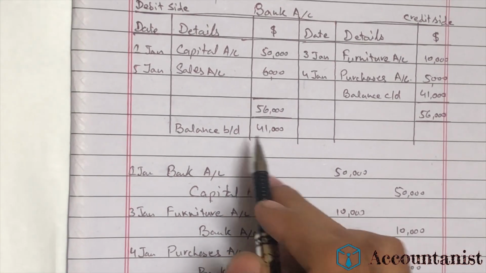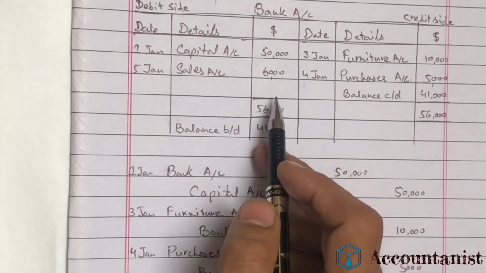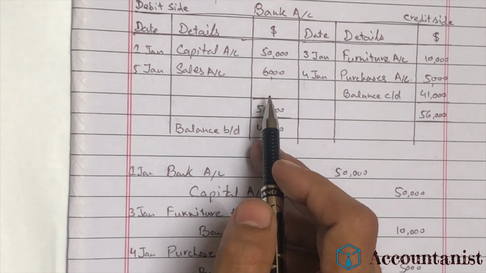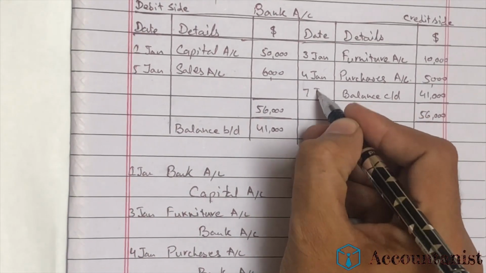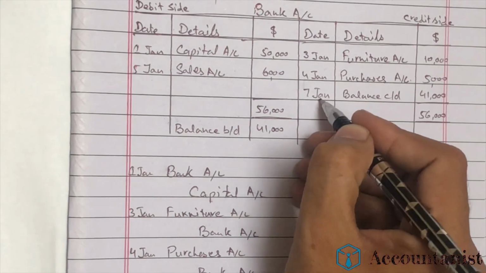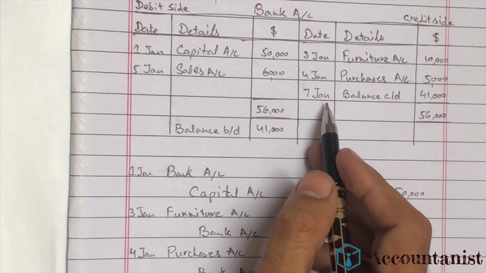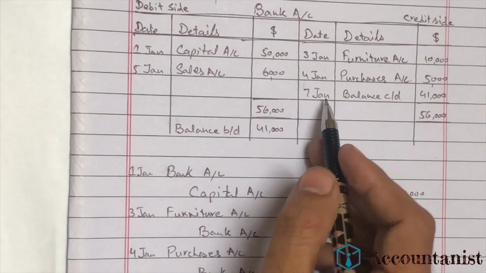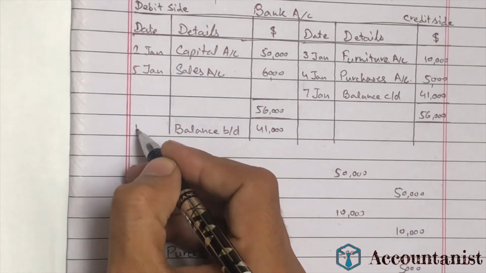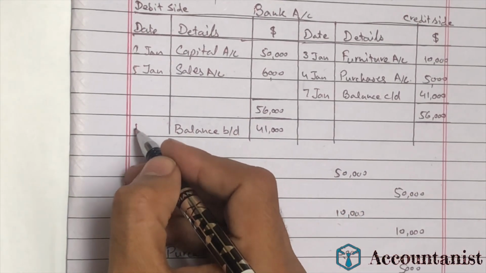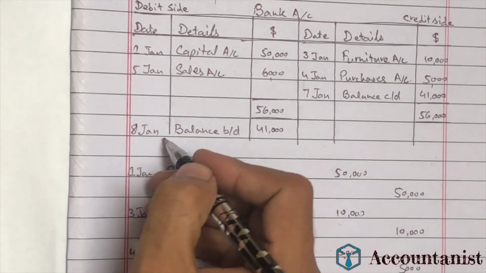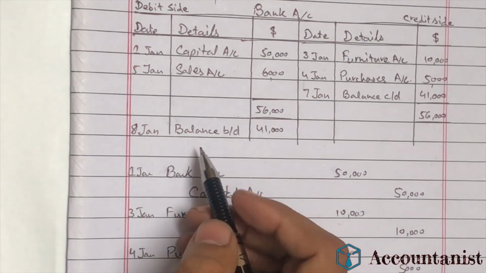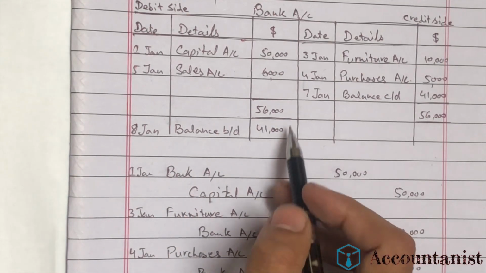Let's suppose we are going to close this account after a week, so the week ends on 7th of January. So the closing date of the week will come up here, and the very next day will come up here. Let's suppose the 8th of January. So this is how we balance a T account.